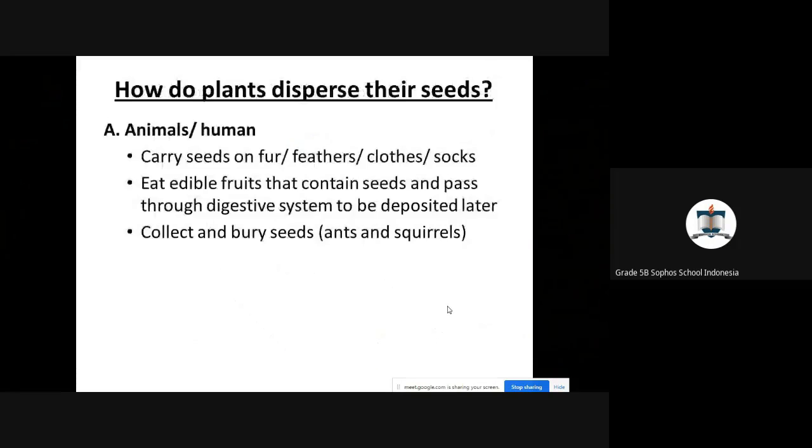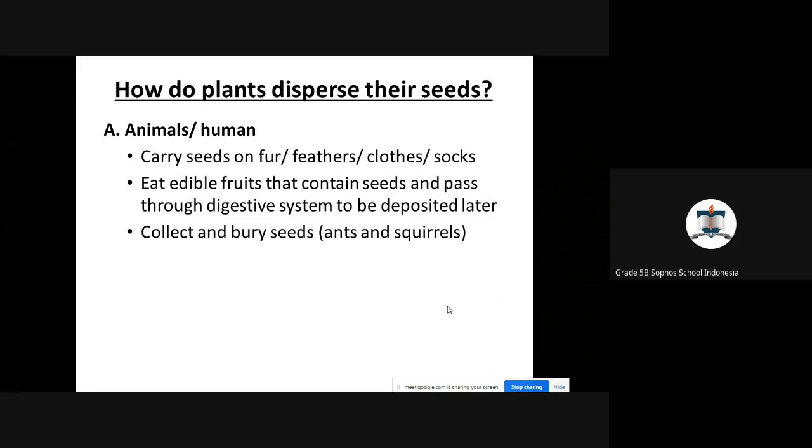Okay, so for the seeds that are dispersed by animals or humans, the animal helps to carry the seeds on their fur or feathers, or the seeds can stick on your clothes or socks. The animal will also eat the edible fruits that contain seeds, and the seeds pass through the digestive system to be deposited later, so the seeds will be in their droppings.